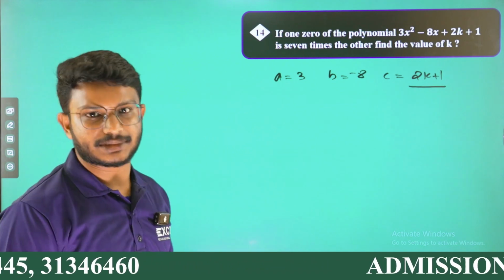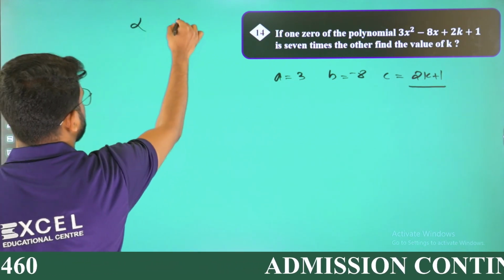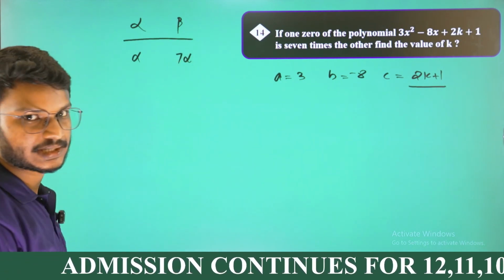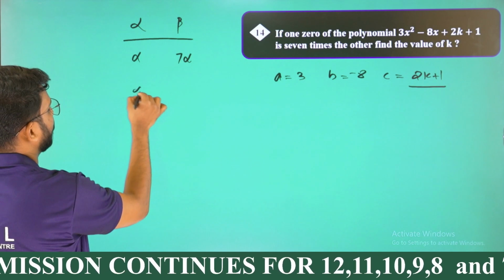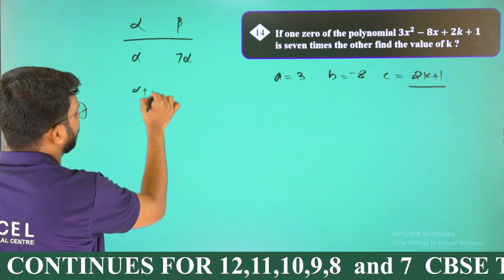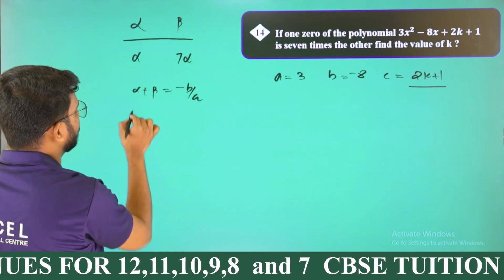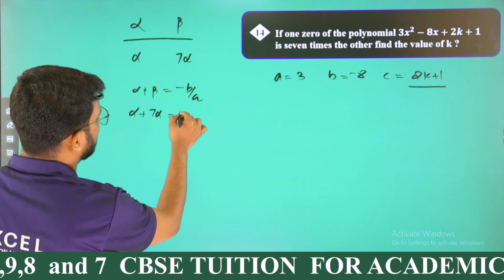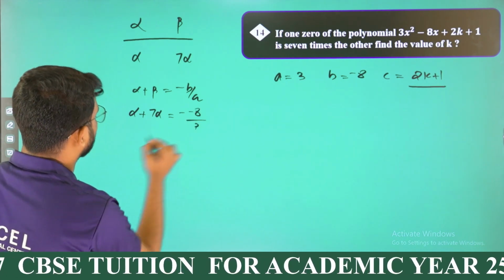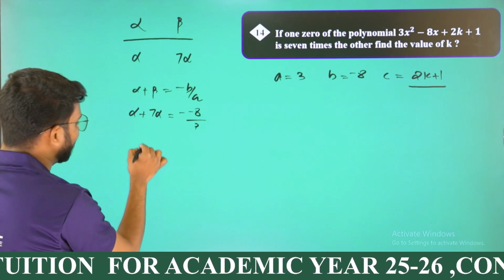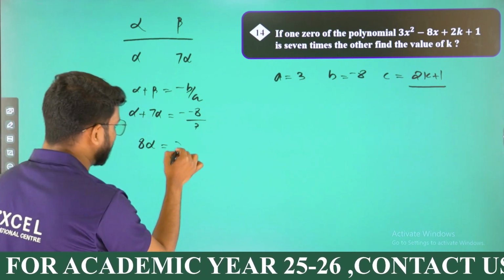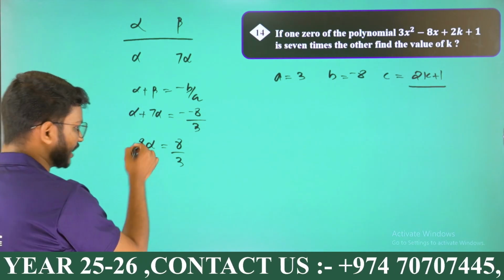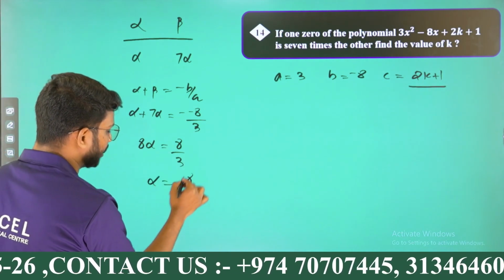One zero is 7 times the other. So alpha and beta are our zeros. We can choose alpha and beta as 7 alpha, because it is 7 times. Then we can use the first relation: alpha plus beta is equal to minus b by a. So alpha plus 7 alpha, which is 8 alpha, is equal to 8 by 3.